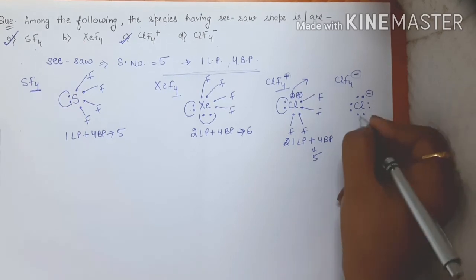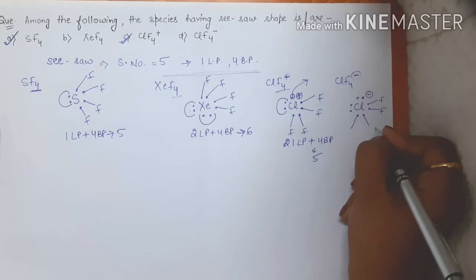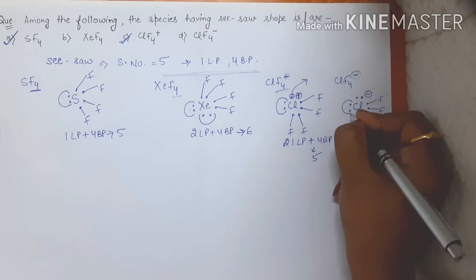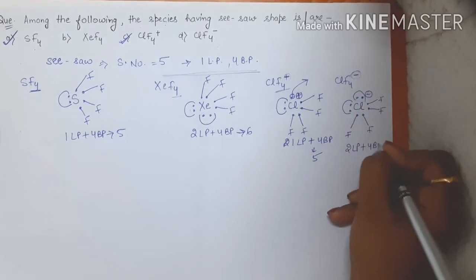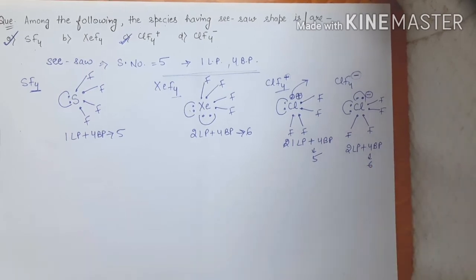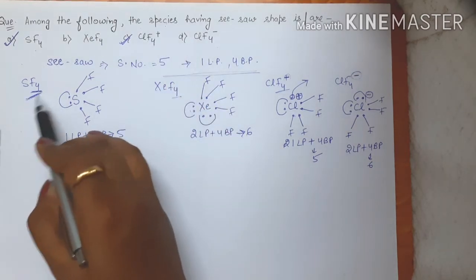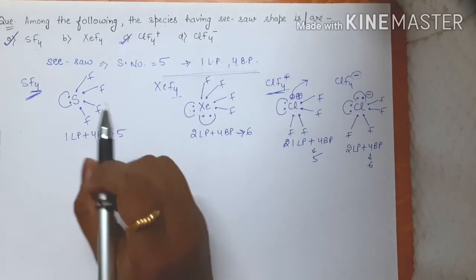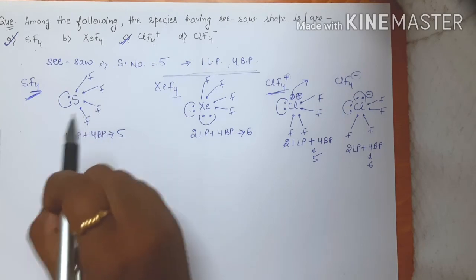Now I have to attach 4 fluorines which are univalent, so it will be present like this. There will be 2 lone pair plus 4 bond pair, giving you steric number of 6. So it is not having seesaw shape. So the molecules having seesaw shape are SF4 and ClF4 positive. So the option having A and C as the answers will be the correct option, right?